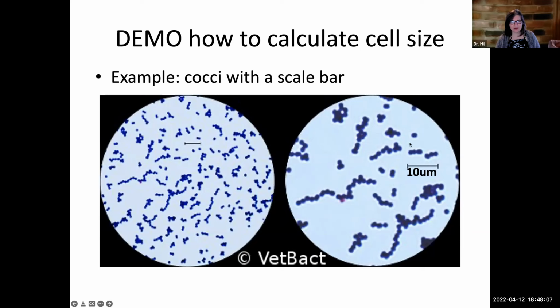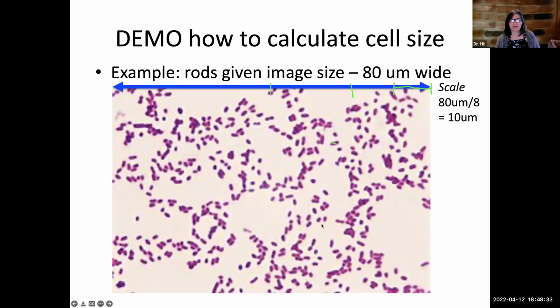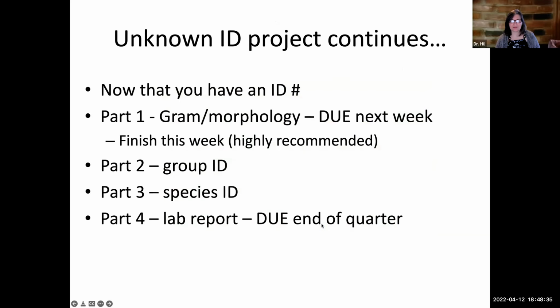In this example, we're looking at a cell. We're trying to determine its size. Here's the scale bar it's provided. We just have to figure out how many of these cells will sit on this scale bar. In my example, I found 7. We take the scale bar, divide by 7, and we get a number that tells us the width of this cell. Okay, so that's all I'm going to say about it for now, but we are going to revisit this in lab with a lot of other examples.